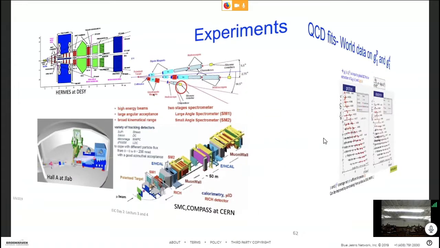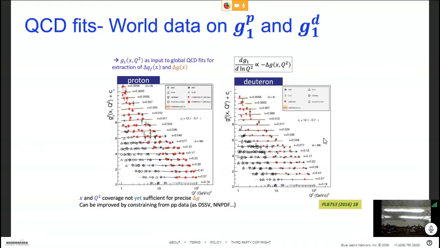So here are the precise data on proton and deuteron, plotted versus x and Q squared, separated for various values of x. On them are plotted the best fits at next-to-leading order, very similar to the F2 structure function fits that I showed you before. The difference is that these are now g1 structure functions.